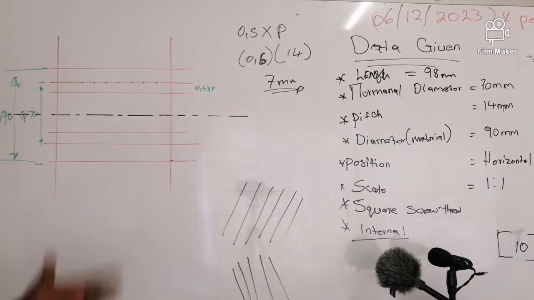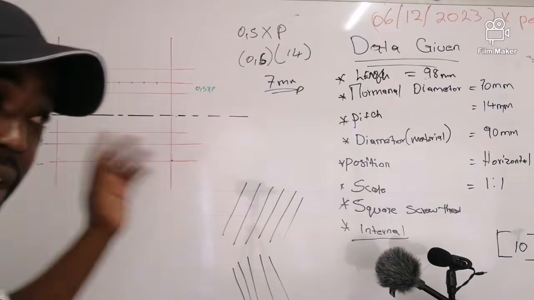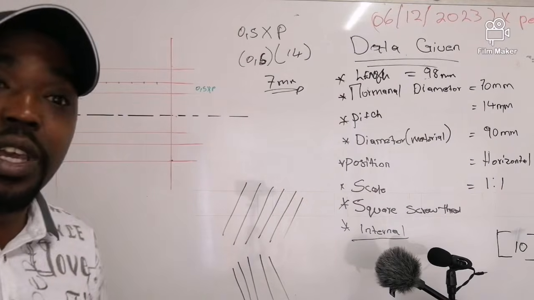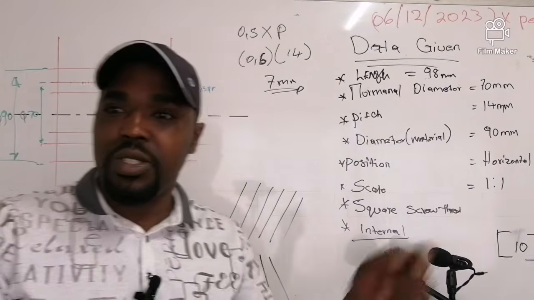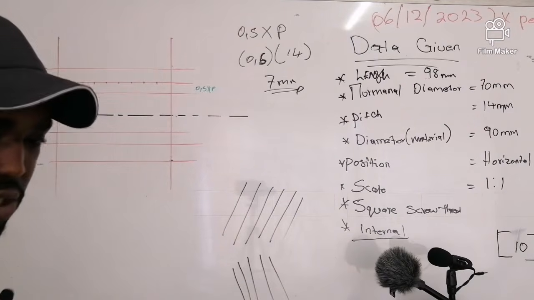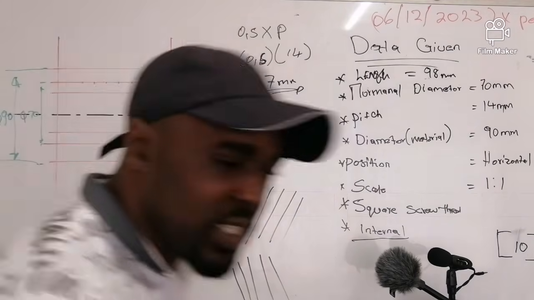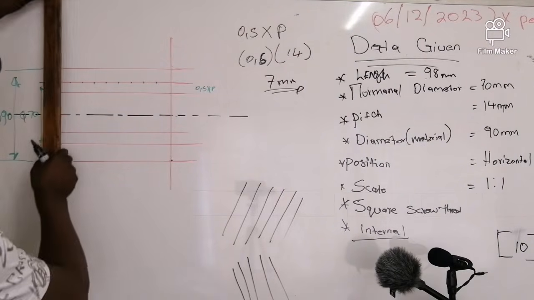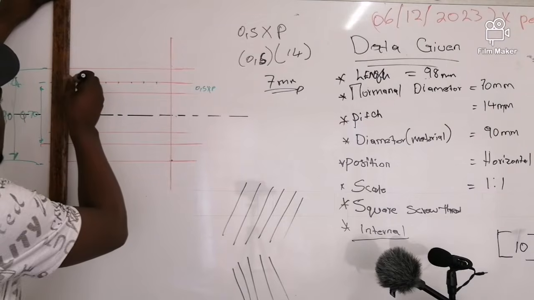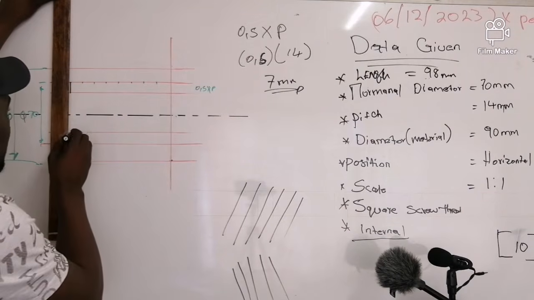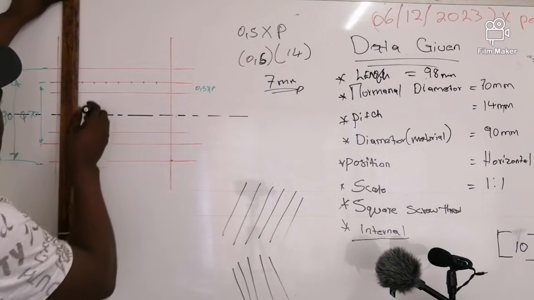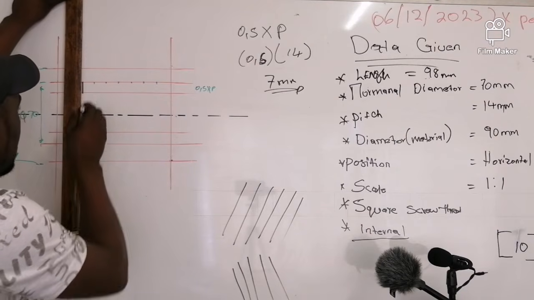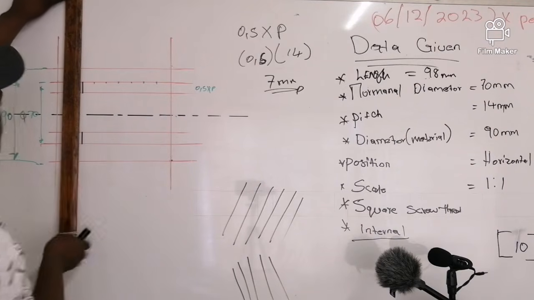I'm rough sketching on the board, you understand? Where now when you draw, you'll be drawing using your drawing instrument with correct dimensions. So now, since this is internal, without fear or favor, we can have this one right from this point, solid going down, solid here, solid here, solid here. There you go.